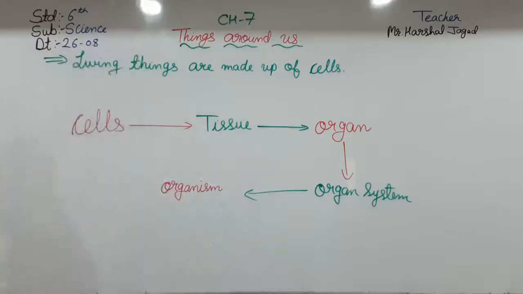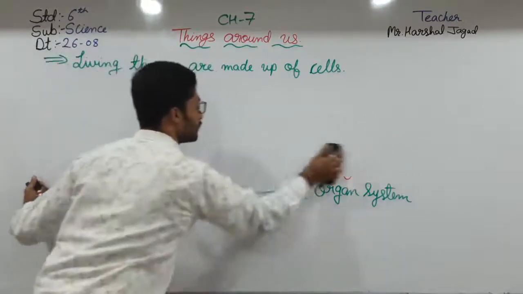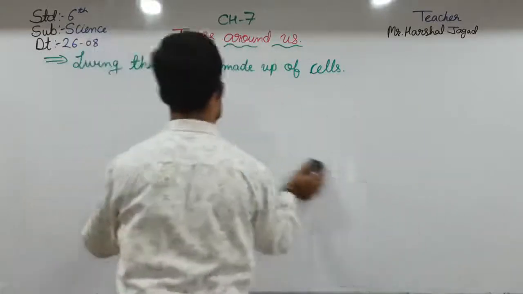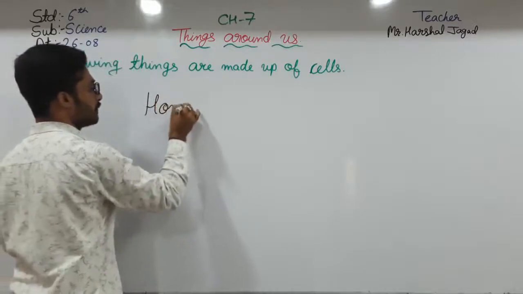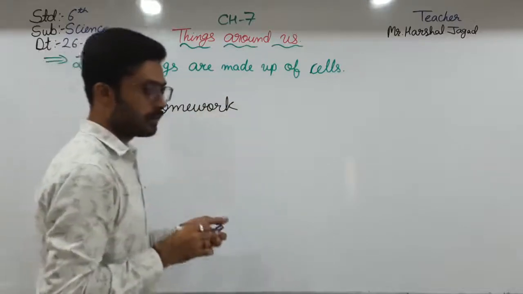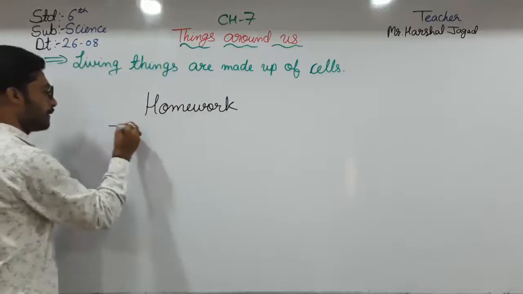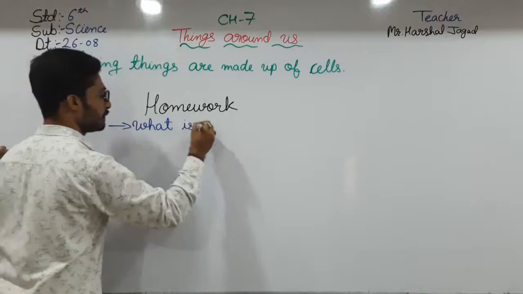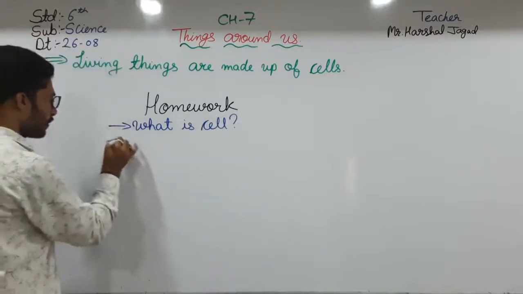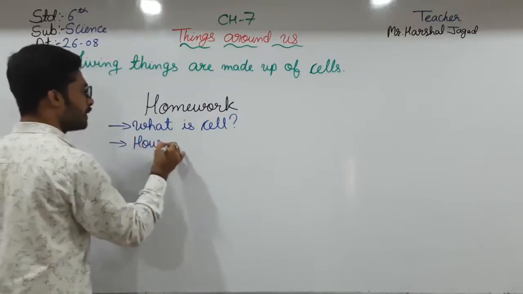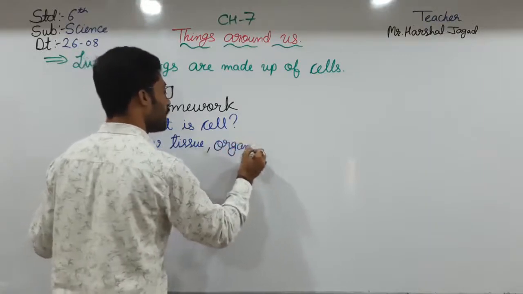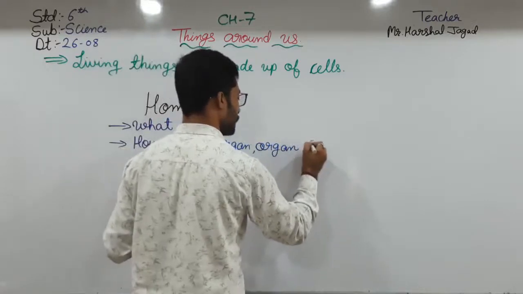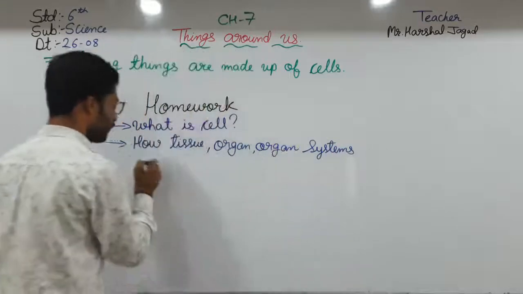In your homework, first of all you have to write what a cell is. Then you have to write how tissue, organ and organ system are formed.